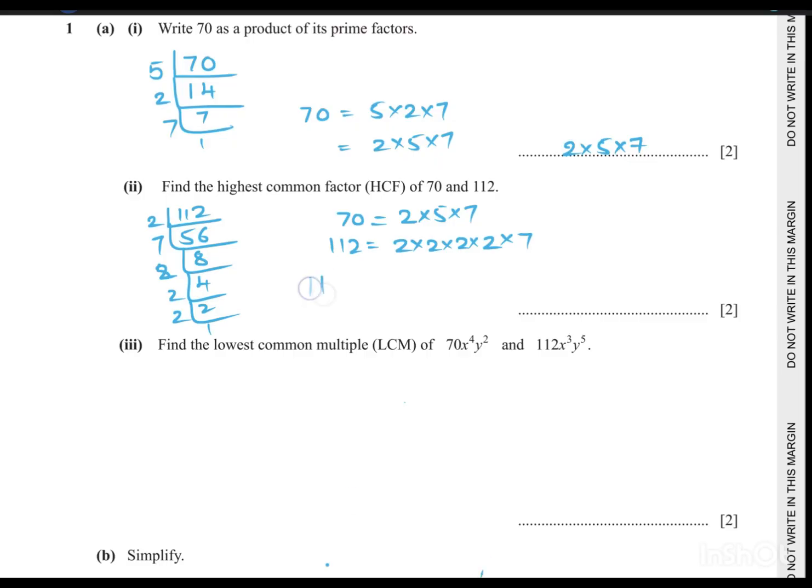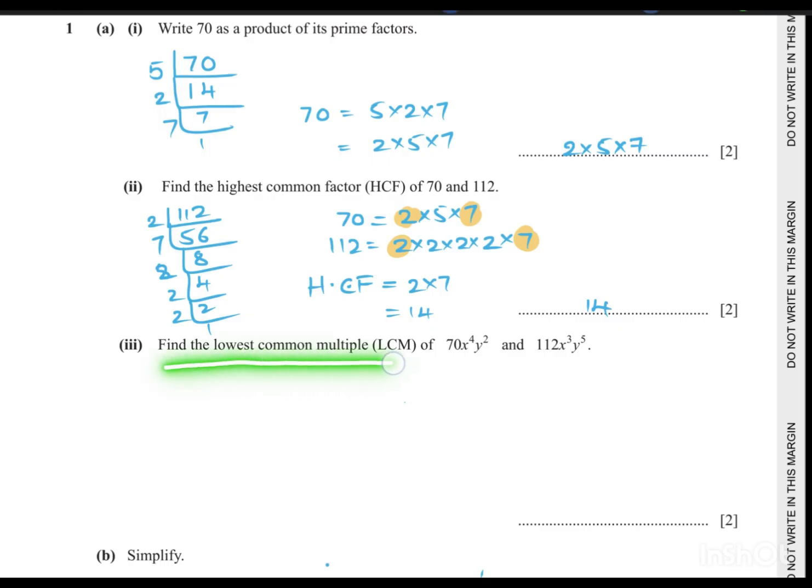Therefore the HCF, the highest common factor of these two numbers, is to take the common factors. Common are 2 and 7, so it is 2 into 7, which is 14. So HCF is 14.